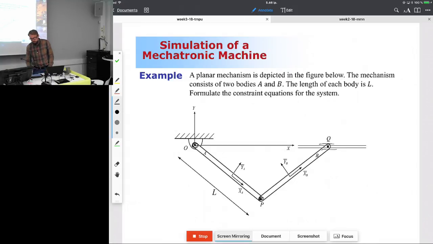The primitive joint prevents the motion of this particular point Q in the global y direction. So it cannot travel in that direction. Okay? What's the number of degrees of freedom?